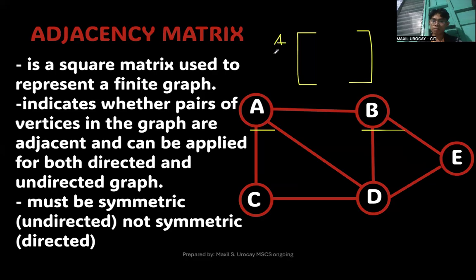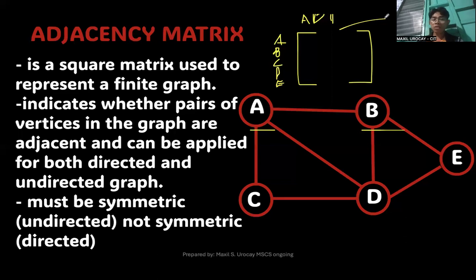Say, for example, the nodes are A, B, C, D, E. They must be there as well. You have to define that so that you can also find the adjacency of the matrix and so on and the like.